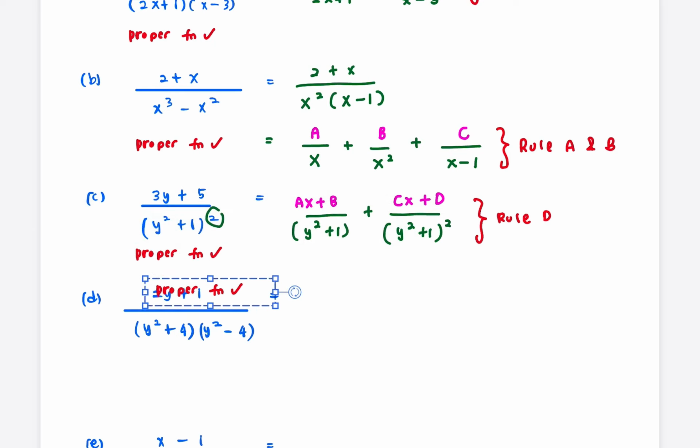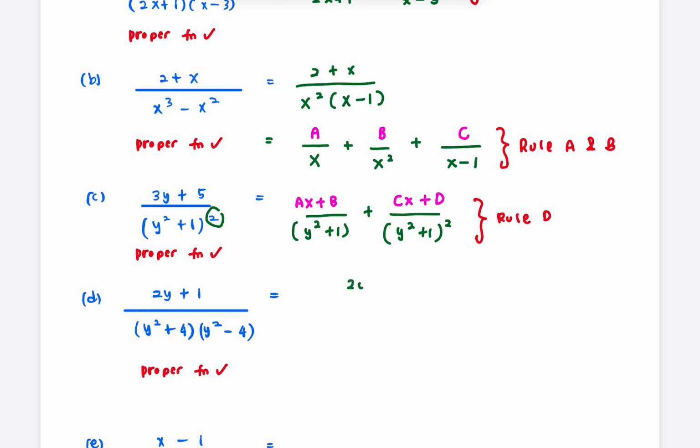So you have 2y plus 1 over y squared plus 4. Y squared minus 4 is y plus 2 and y minus 2. Okay. So this one is irreducible quadratic. This one is linear factor.